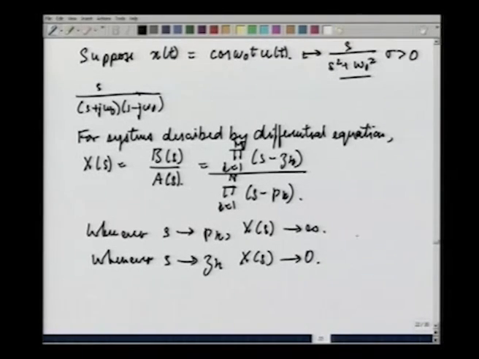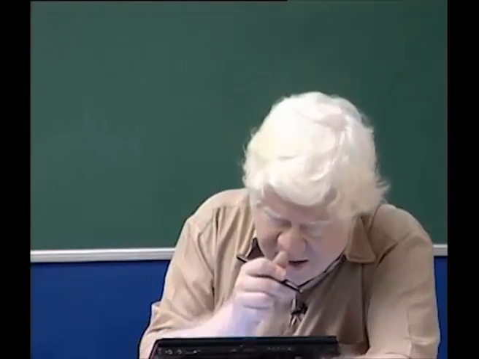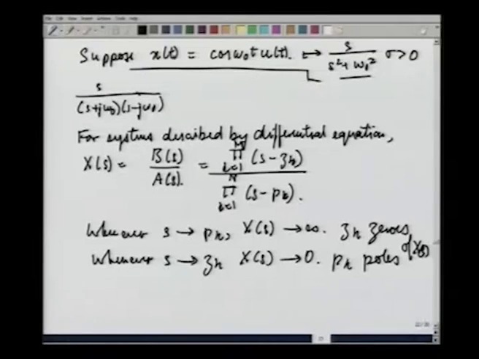This is why the zk are called zeros and the pk are called poles of X(s). These poles and zeros play a very interesting and important role in determining the ROC. This has been a digression from the problem we were discussing. So, let us demonstrate the significance of the poles and zeros for this particular problem first.